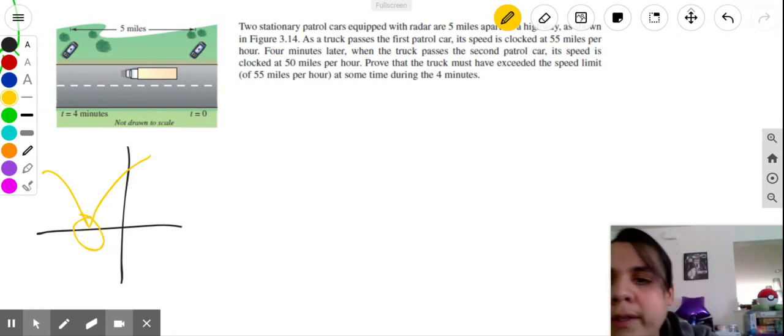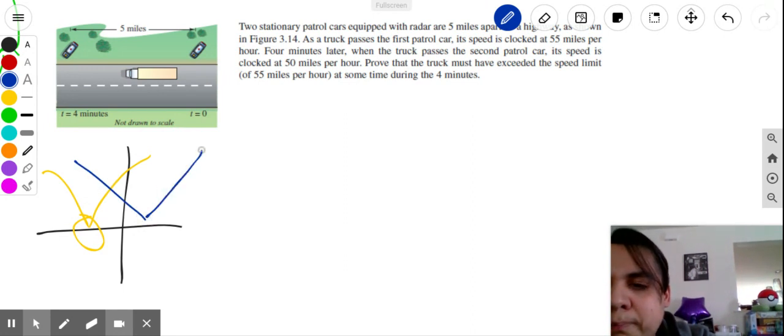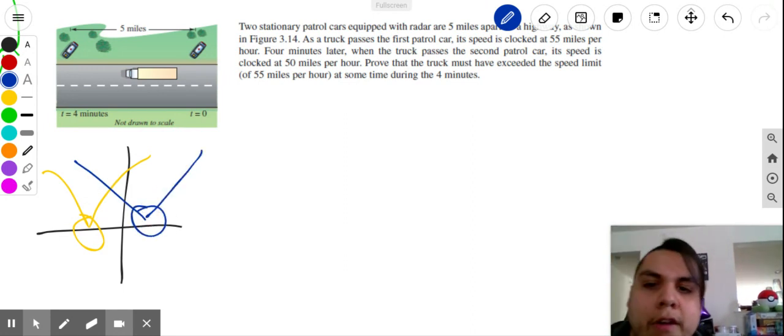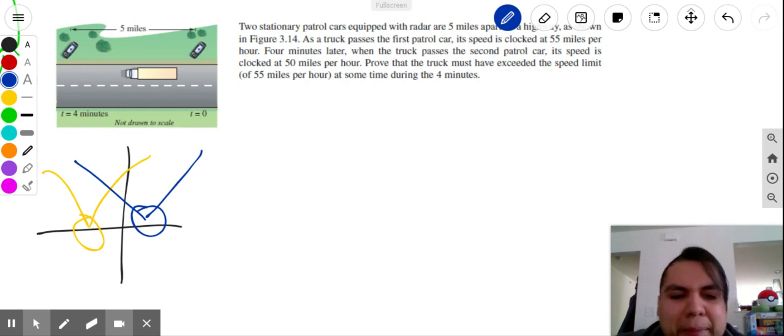That's the cusp, or two straight lines kind of meeting. I wouldn't expect this kind of behavior from the truck because it's set at 55, then it turns out to be 50 miles per hour. It's not going to have those sharp turns. That's not how the truck should operate. So we are meeting the initial condition, albeit not mathematically at this moment, but it's there.